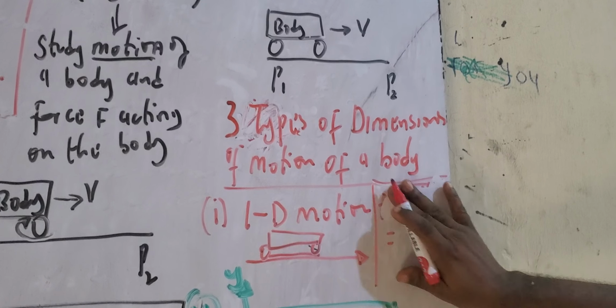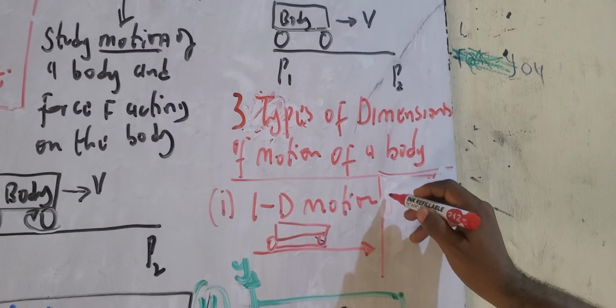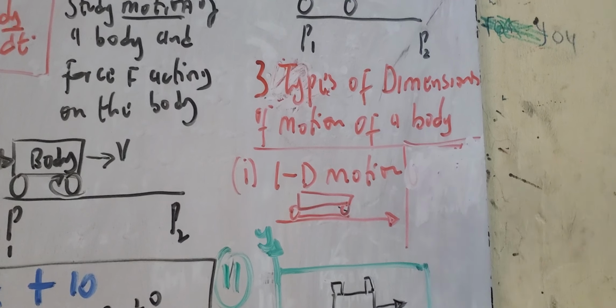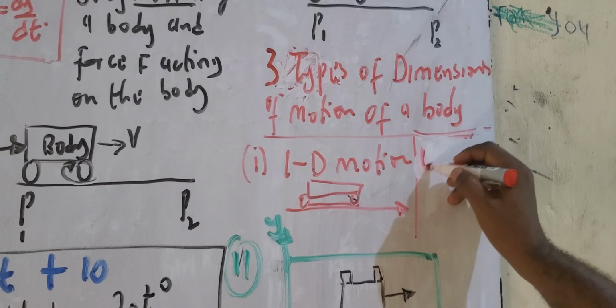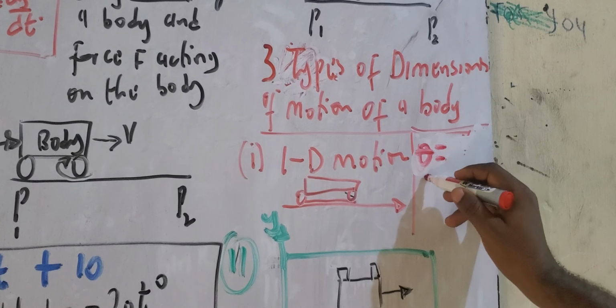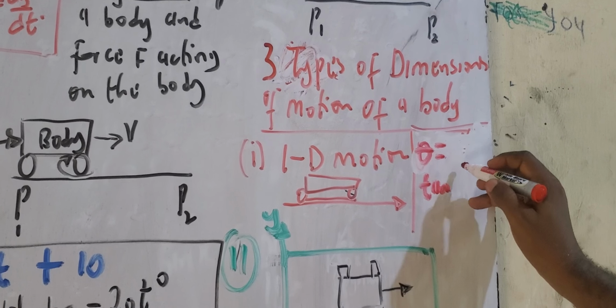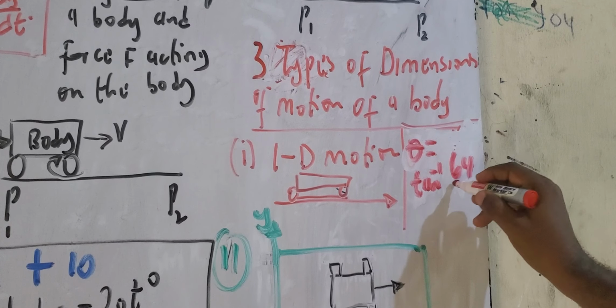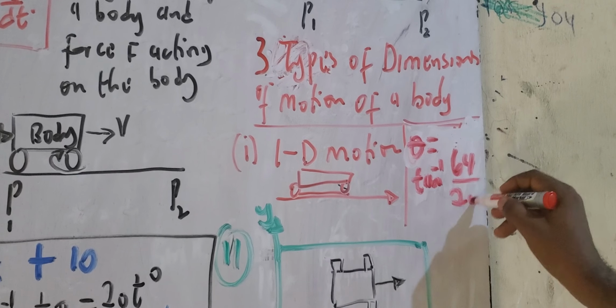Let me write this very well. Tan arc of, so my theta is going to be tan arc of 64 divided by 20.